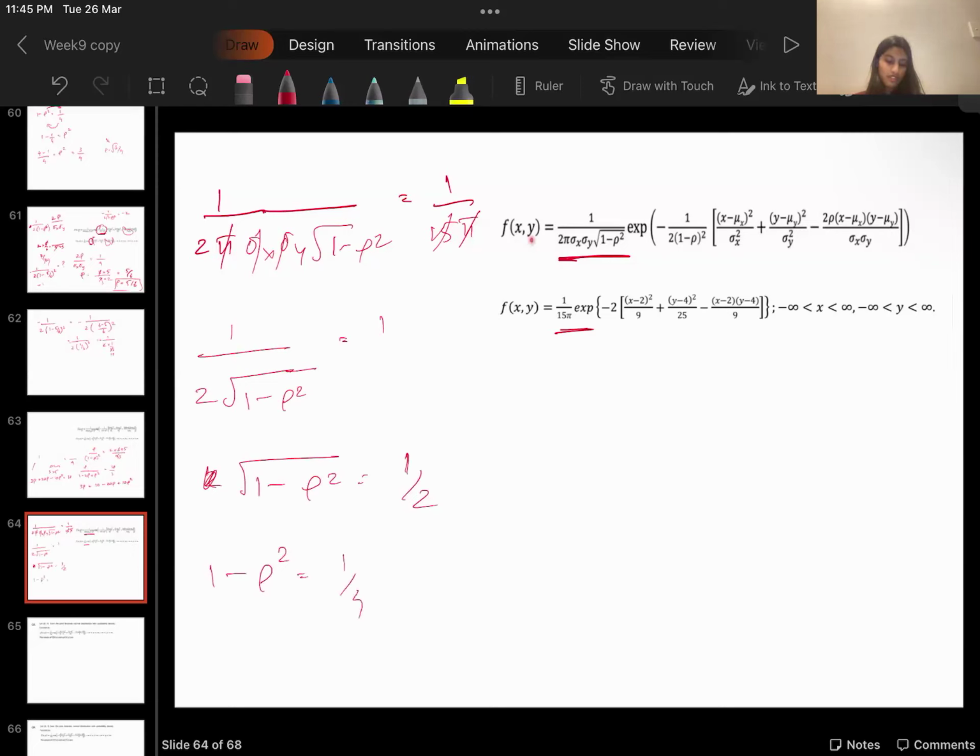No, I'm doing the same thing. You're having rho square is equal to 3 by 4. This is what I'm getting if I apply those. What happens if I substitute that here?